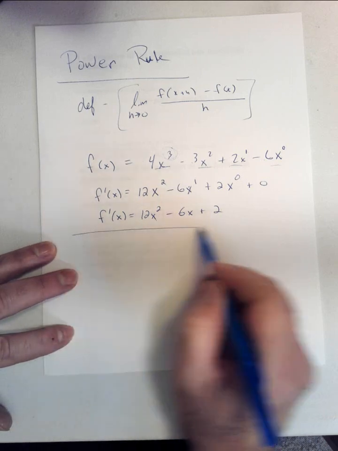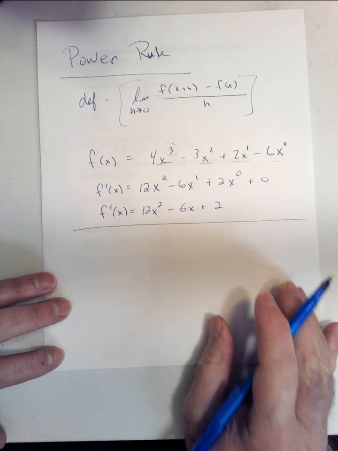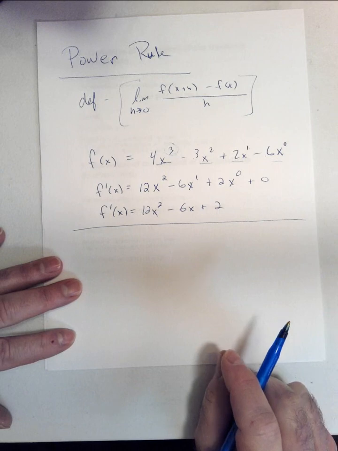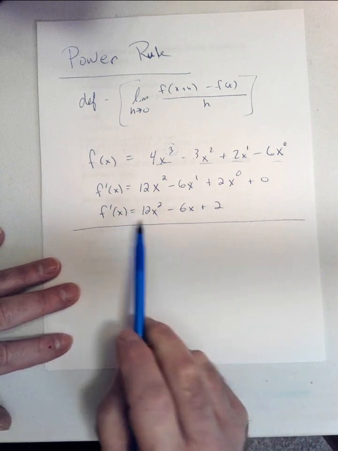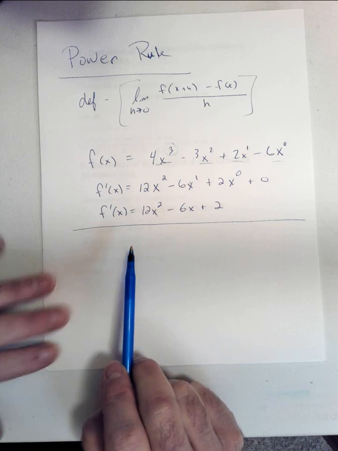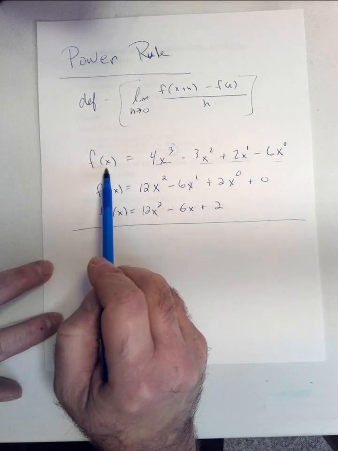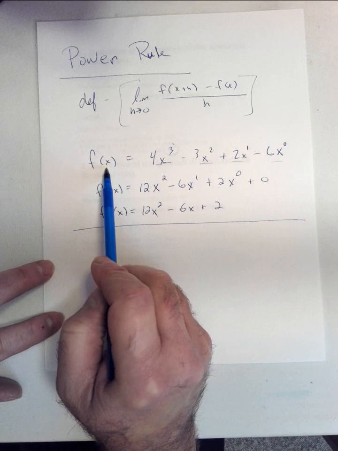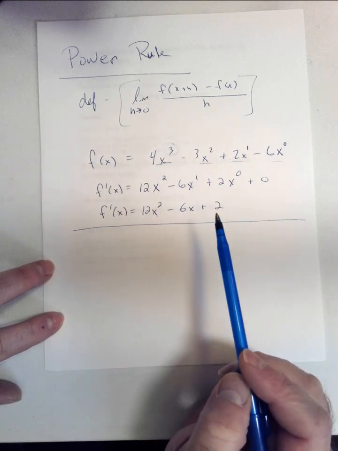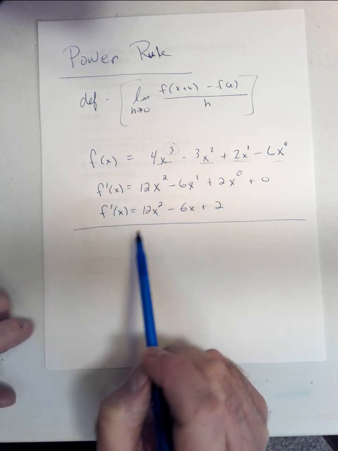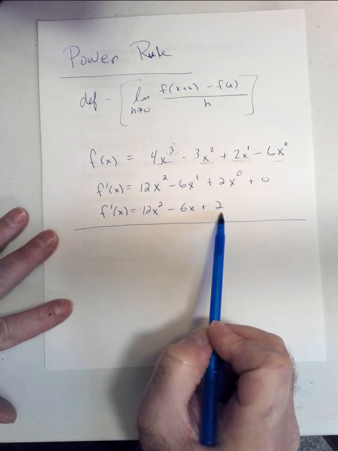Now, if we want to look for tangent line equations, or we want to find the slope of the tangent line at any given point, we plug in here. If we want to find the location of the tangent point, we plug it into the function itself. All right, so keep that in mind as we're going through here. There's some application questions where you have to find the equation of the tangent line.